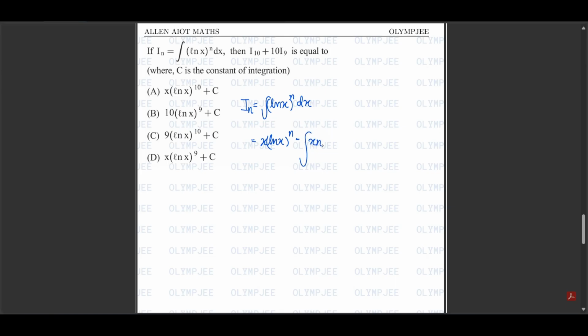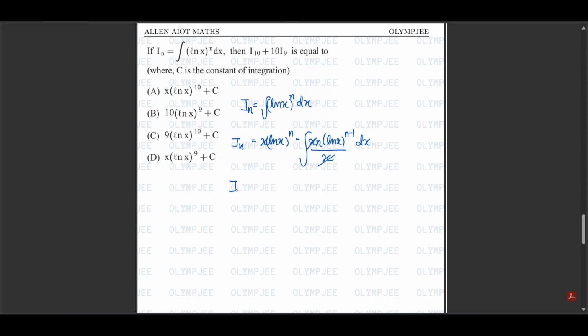So n times ln x raised to power n minus 1, and then we differentiate ln x by using chain rule. So 1 by x dx. So x and x gets cancelled, and this n is a constant. So what we have is n multiplied by I n minus 1, right?